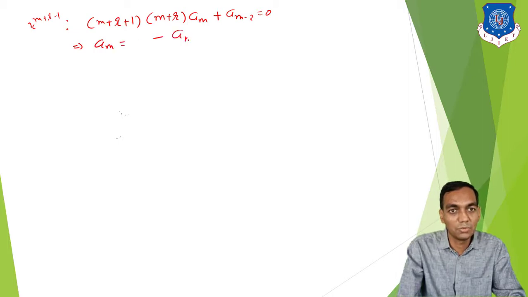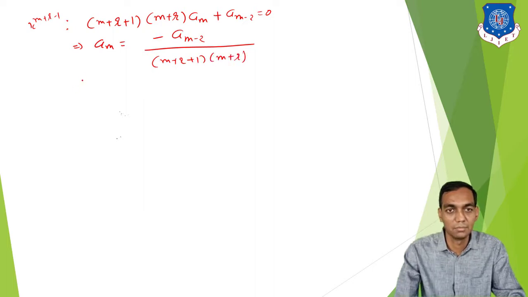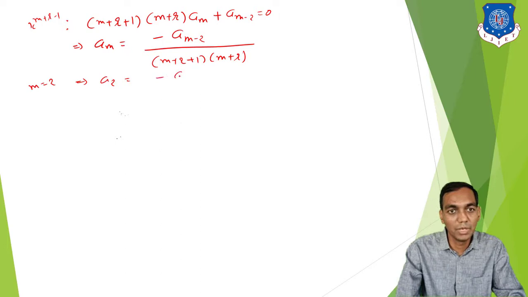So am = -a(m-2) divided by (m+r+1)(m+r). Now you have to put m = 2 because the index starts with 2. So a2 will be -a0 upon (r+3)(r+2).